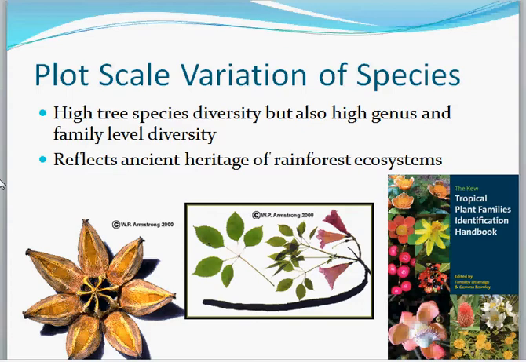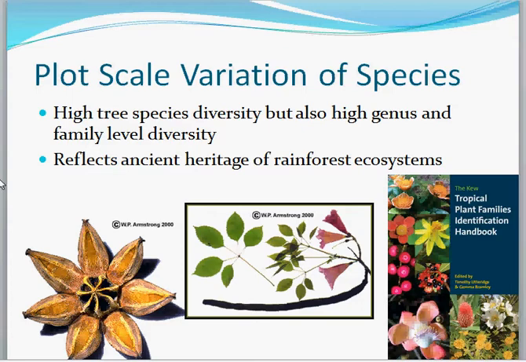Okay? The genus level diversity, however, is much lower. So those shrubs may belong to about 4 or 5 main genera. Okay? And this reflects the fact that there's been recent invasion and adaptive radiation of those genera in recent times.